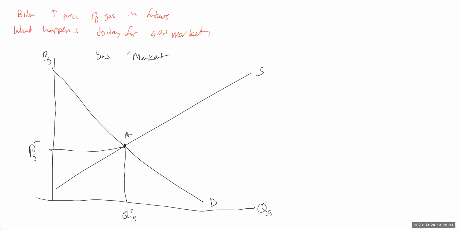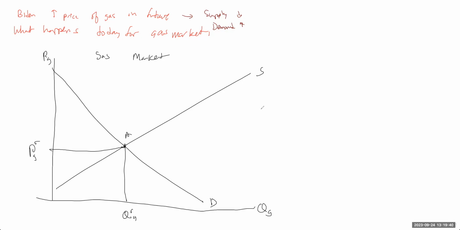When Biden decides to increase the price of gas in the future, it affects decisions today. What we learned is that this will cause supply today to fall, but demand today to increase. Remember, if we know the price of gas is going to be $1 million a gallon at midnight, no one and their grandmother is going to sell gasoline.